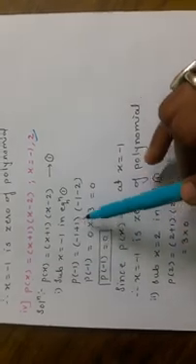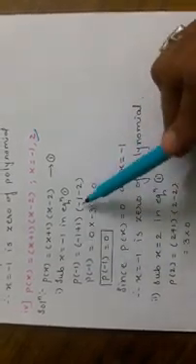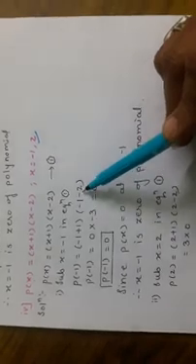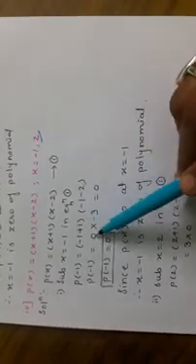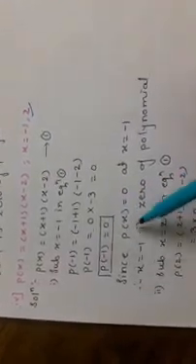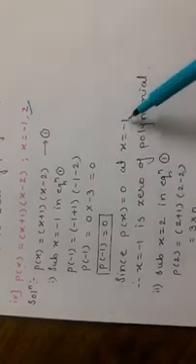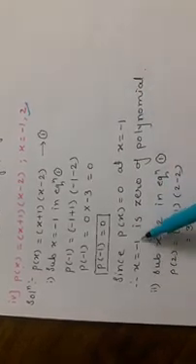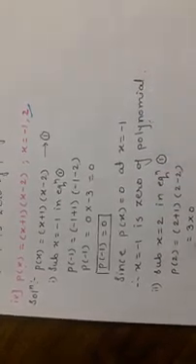We get p of minus 1 equals minus 1 plus 1 in the first bracket, and in the second bracket minus 1 minus 2. Minus 1 plus 1 is 0, and 0 into minus 3 is 0. Since p of x is equal to 0 at x equals minus 1, therefore x equals minus 1 is a zero of the polynomial.